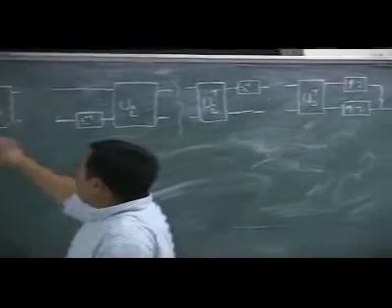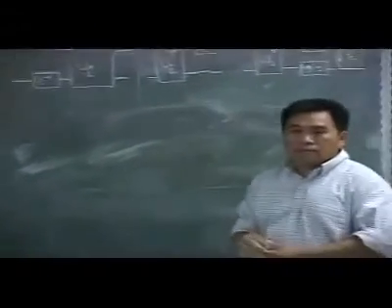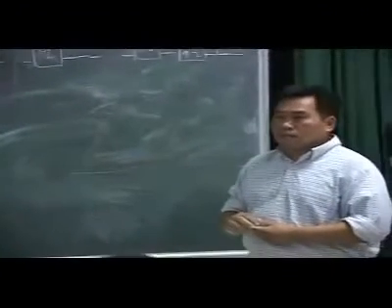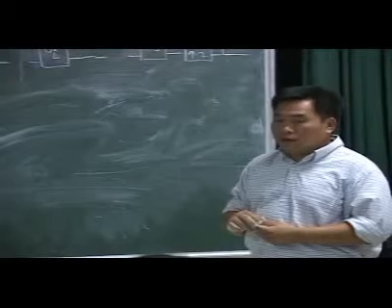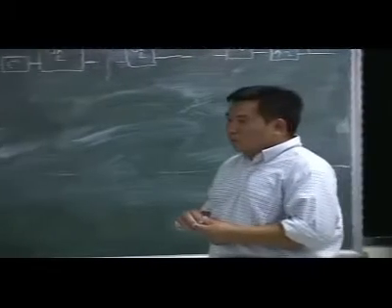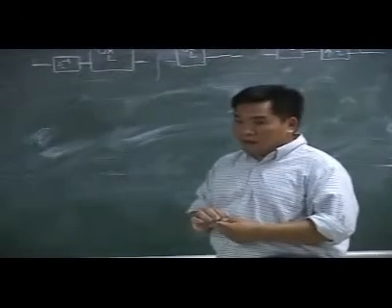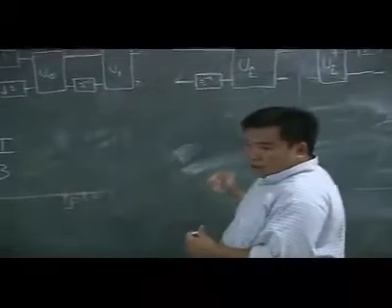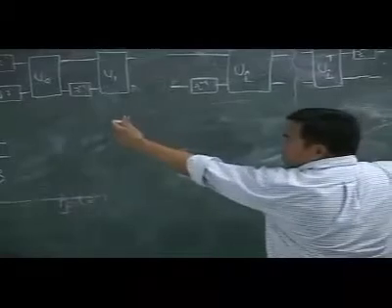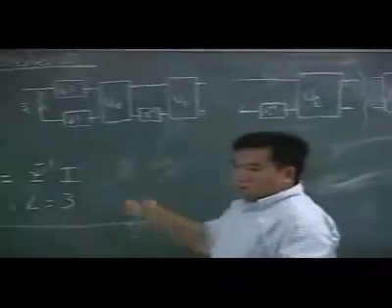How many delays do I have here? L hat. Minus 1? No, L hat, right? If I stop right here, I have 1 delay. So L hat. And this product will give you z to the minus L hat. Okay?